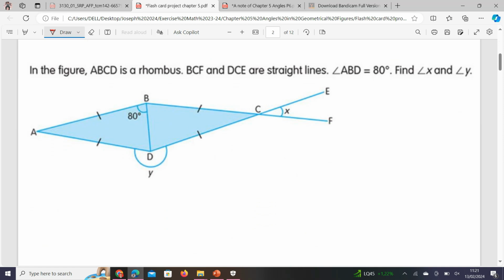You see the angle of ABD here, 80 degrees, meaning the letter in the middle, 80 degrees. Then, because BD is a line of symmetry, and the angle ABD is 80 degrees, the triangle of ABD, what do you call that? Correct.